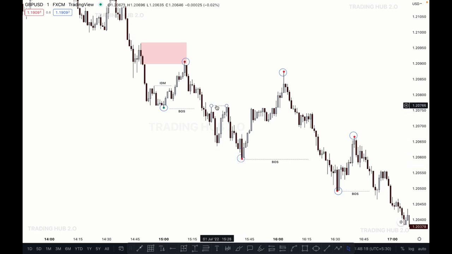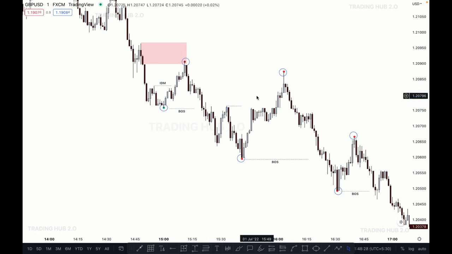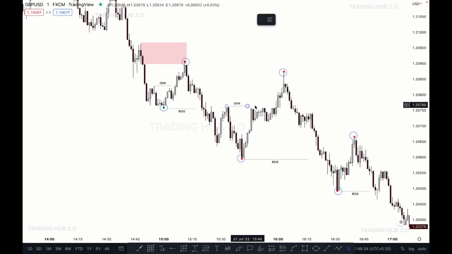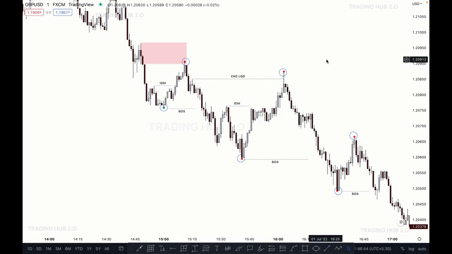So now our inducement shifts here, right. This high becomes our new inducement. The market must take out this high before going downside, and then the market took this high and again pushed higher to take more liquidity, which is here, and this one is called engineering liquidity.